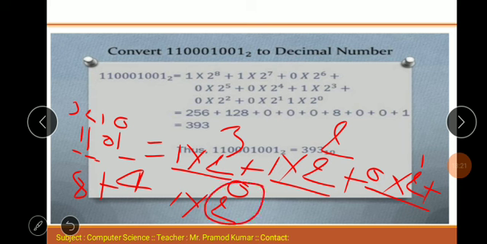Any value to the power of zero always comes to 1. So here 1 into 1 is 1, then you add 8 and 4, 12, 12 plus 1 is 13, the value of this is 13. So this is the method to convert a binary number to a decimal number.